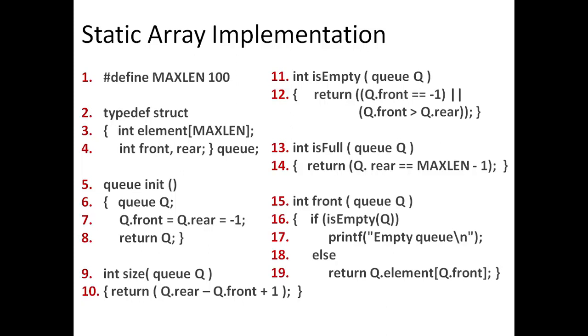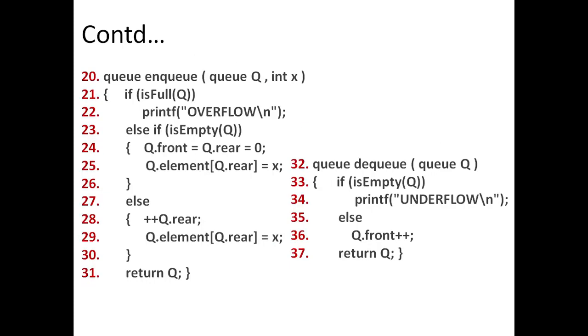Then we have a function front that will just read the element present at the index pointed to by the front pointer. Here are the functions for NQ and DQ operations. The algorithms for these operations are already discussed, so we are skipping them for this moment.